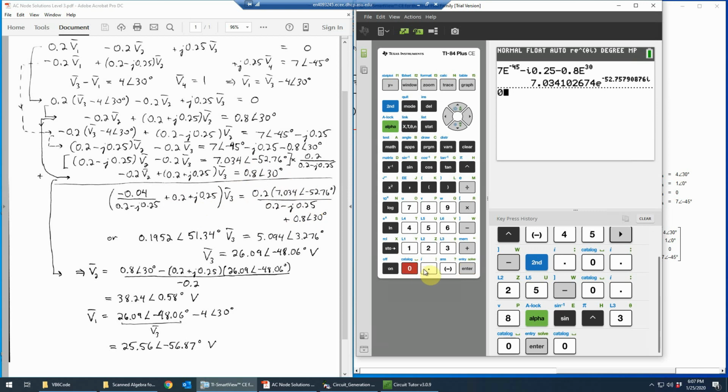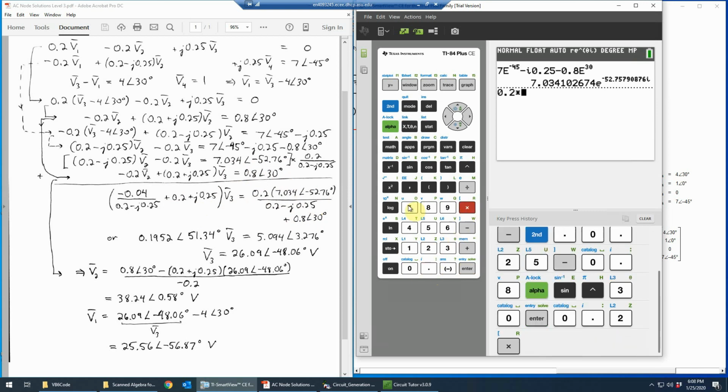So let's put in 0.2 times 7.034. I don't really need a parenthesis here because all three things are being multiplied, although sometimes if you're adding, you might need that.